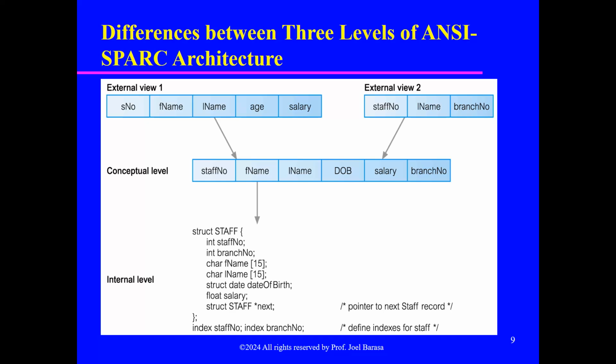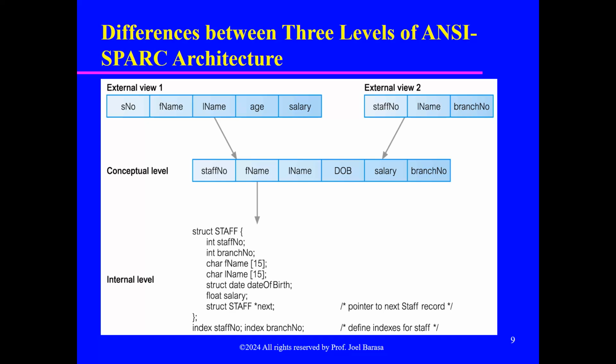You can have the staff number, full name, age, and salary. Then you can have last name and the branch. Maybe you are within another branch. So what can we do? These are separate tables that we can easily merge because they are storing the details of the same person. So once we merge them and remove the duplicates, then we have a conceptual level.